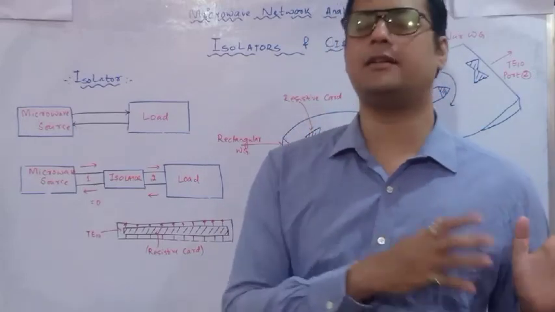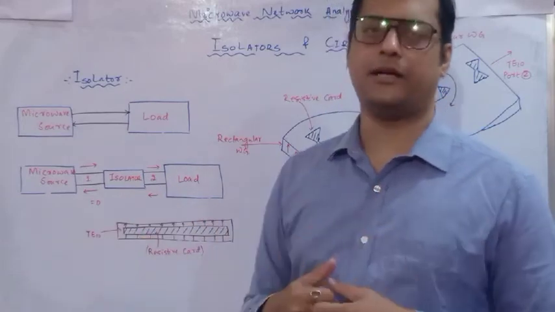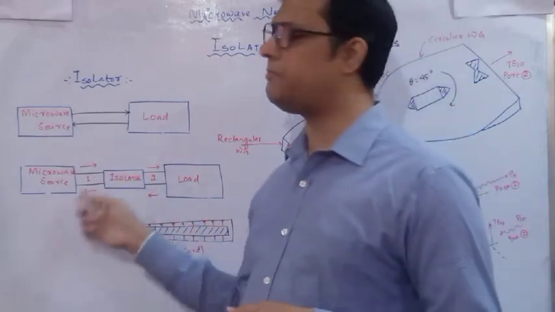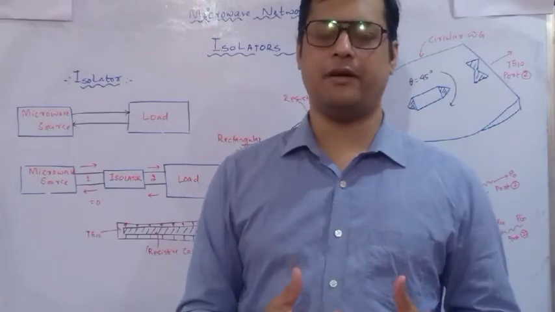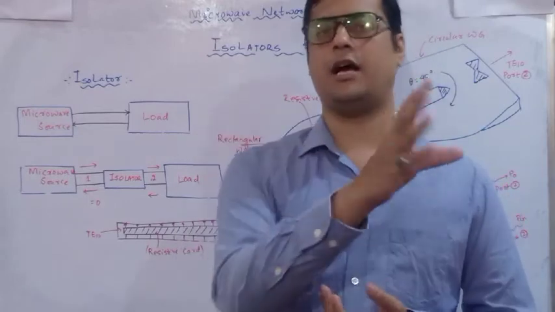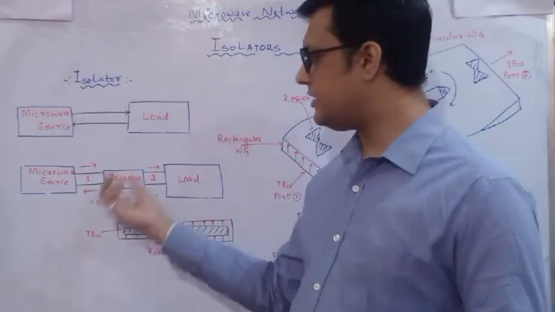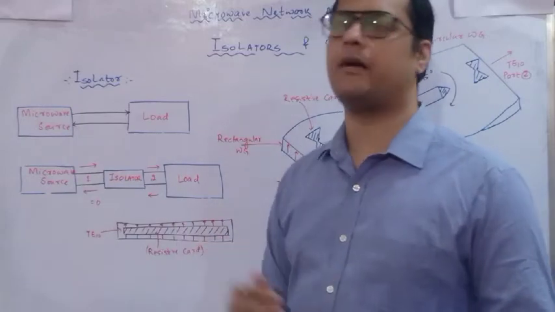Okay, it has a certain principle that we will discuss. So no reflected wave is provided to the microwave source, and it provides a unidirectional path from one end to the other. Okay, so this is the isolator which will isolate the reflected power from the microwave source.